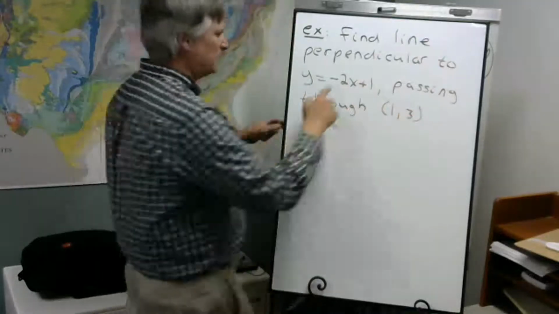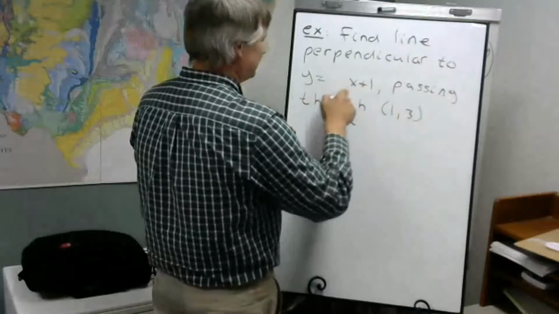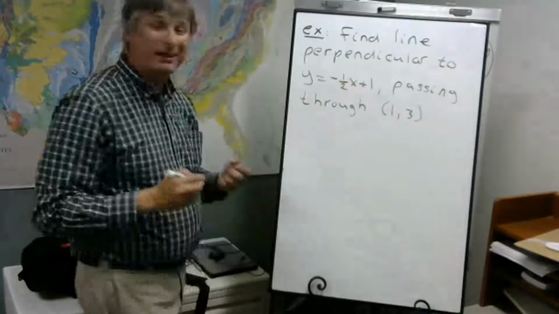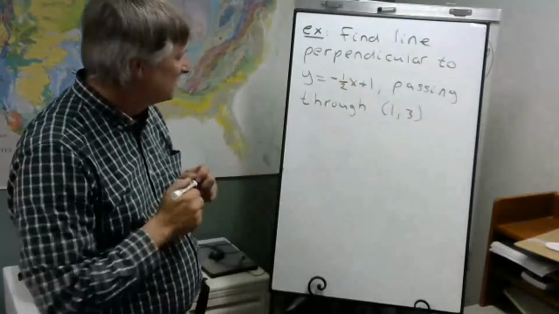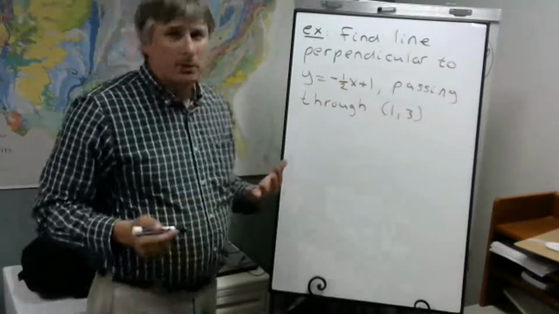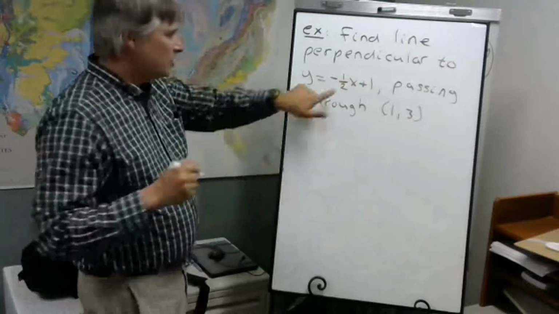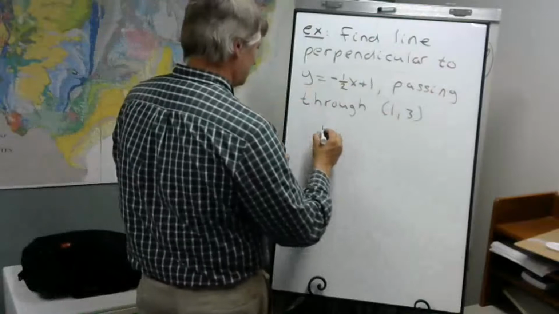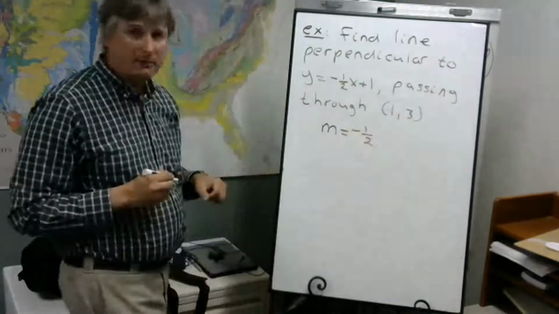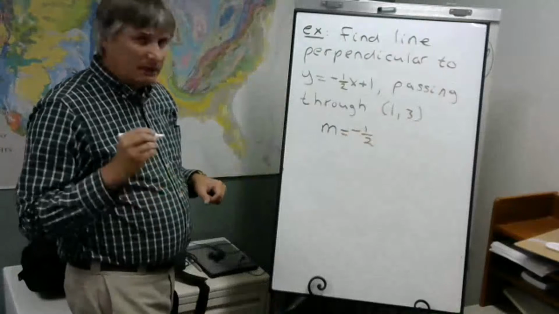So here, let me change this up. Make this a little trickier. Make this minus 1/2. So again, we want to come up with a perpendicular slope. So our slope m is minus 1/2.